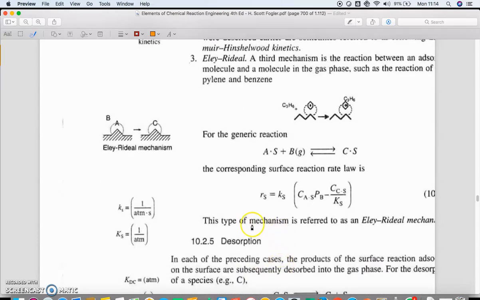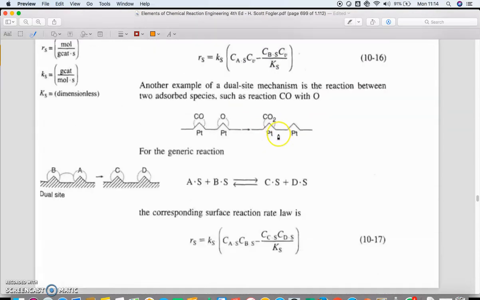In your case we only have 3, which are single site, dual site, and Eley-Rideal. I will explain this step by step.